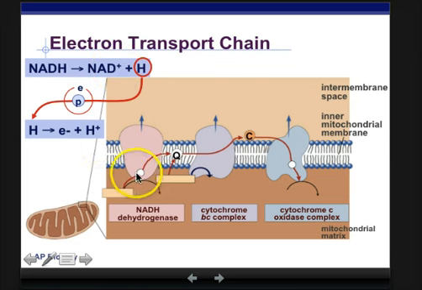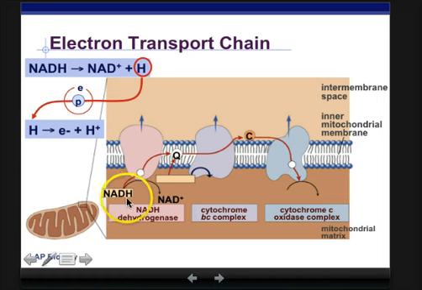The electrons move along the complexes, as you'll see in a second, all to create a proton concentration gradient so that hydrogen ions are being pumped out into the intermembrane space. And we're going to use those to make ATP later.